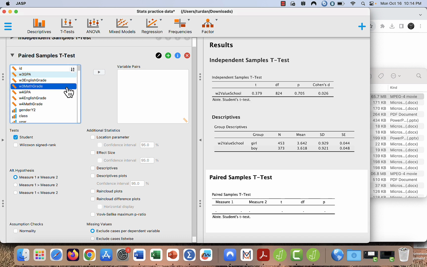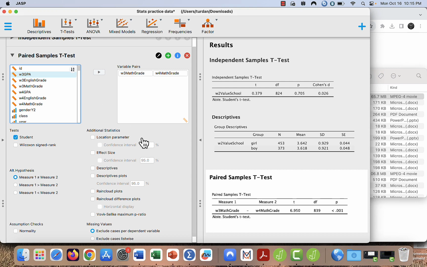So this was in the fall of the school year. And then wave 4 math grade would be in the spring of that same school year. So did students' grades change from the end of the first semester to the end of the second semester? That's what these 2 variables are measuring.